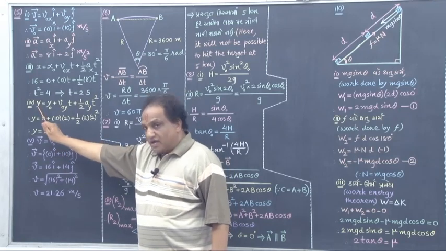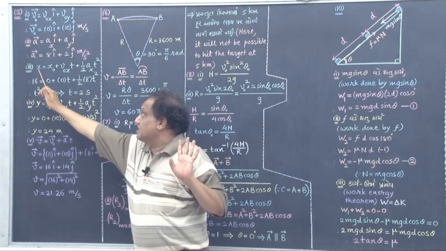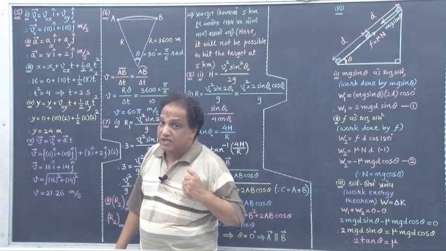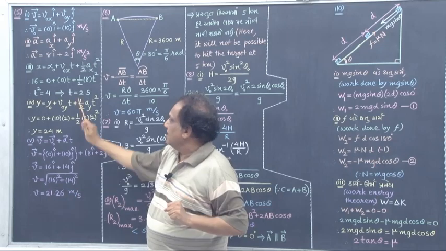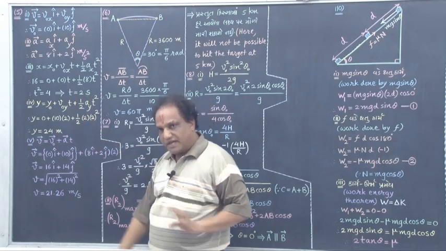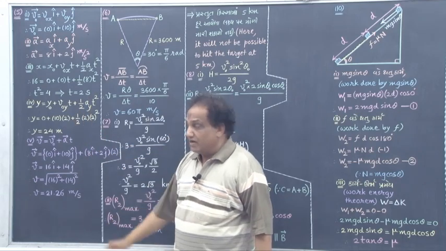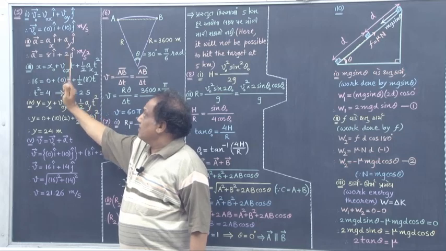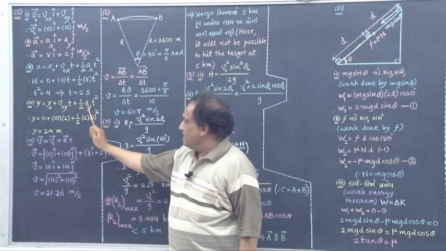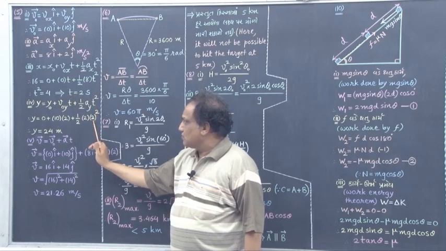You require this y coordinate when the x coordinate is 16 meters, and at that moment time is 2 seconds. Come on, 1 by 2 as it is. What about ay? ay is 2 meters per second square, and time is 2 seconds.